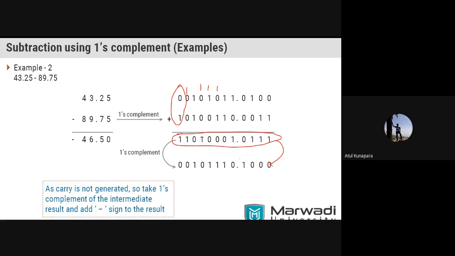You just need to interchange 1 to 0 and 0 to 1. That's the ones complement form, and this is your right answer with the negative sign. The number you have obtained here is the binary of your number 46.50. But you have to add a negative sign over here. That is what your correct answer is. So here there is a negative sign, minus sign, you can say.